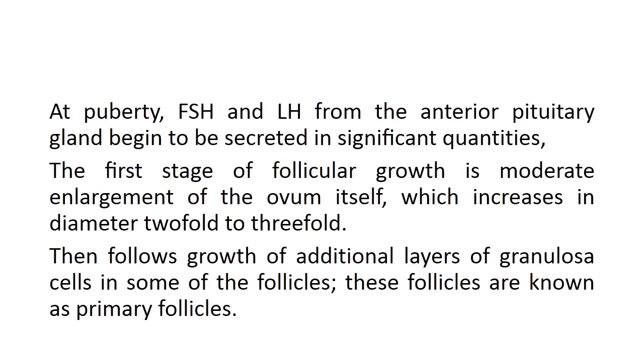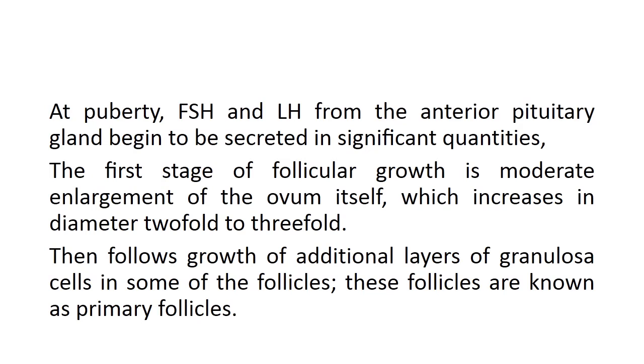At puberty, follicular stimulating hormone and luteinizing hormone from the anterior pituitary gland begin to be secreted in significant quantities. The first stage of follicular growth is moderate enlargement of the ovum itself, which increases in diameter twofold to threefold. Then follows growth of additional layers of granulosa cells in some of the follicles.